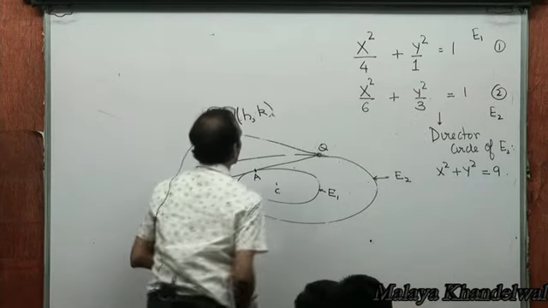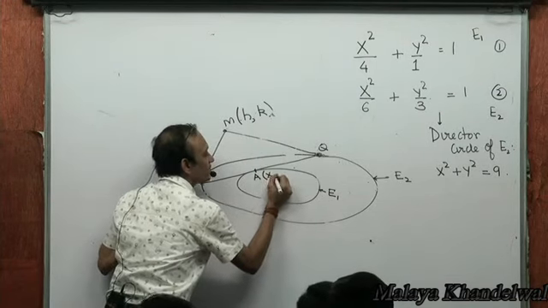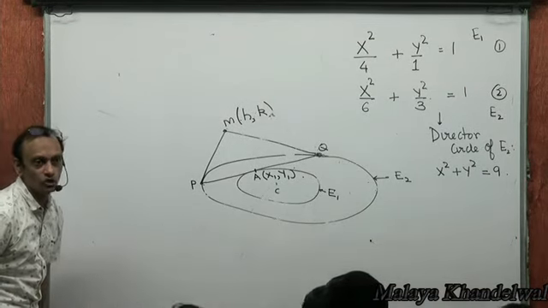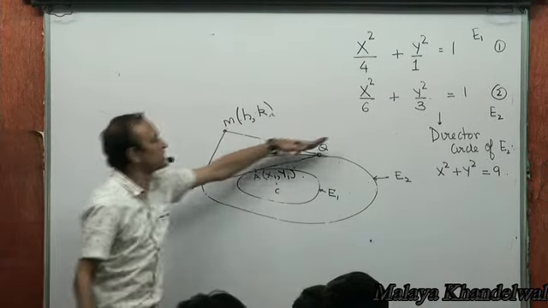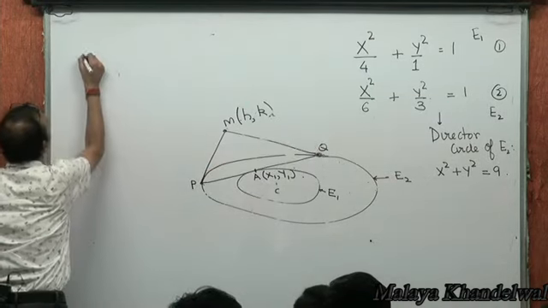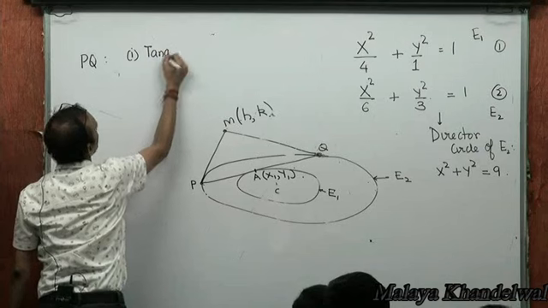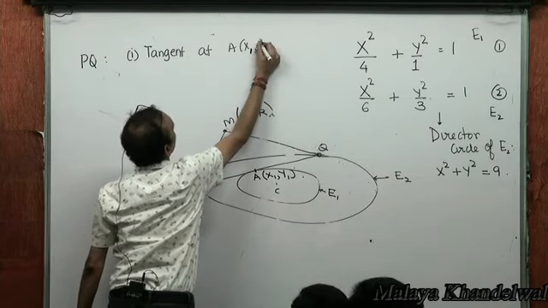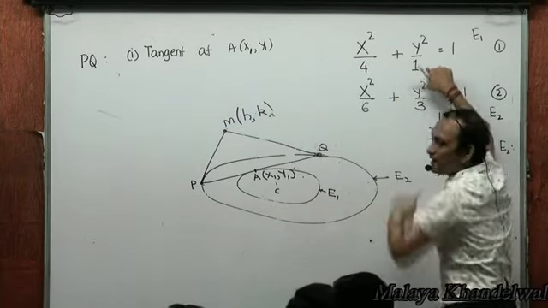Now, say A has coordinates x1, y1. On the inner ellipse, tangent is drawn at x1, y1, which is moving, right? PQ is a tangent at x1, y1. Then the equation of the tangent at A x1, y1 is going to be x1 by 4 plus y1 by 1 equal to 1.